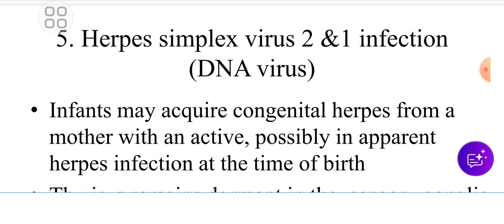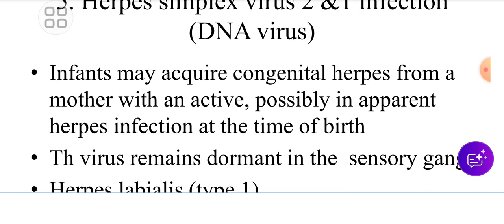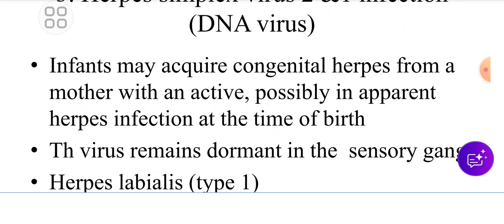The last one is herpes simplex virus 2 and 1. This is a DNA virus. Infants may acquire congenital herpes from a mother with an active, possibly inapparent herpes infection at the time of birth. This disease is not transmitted transplacentally.